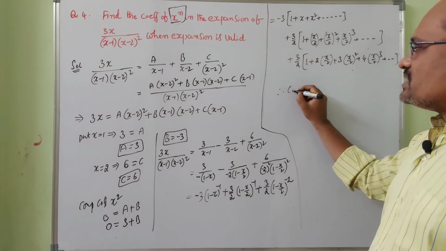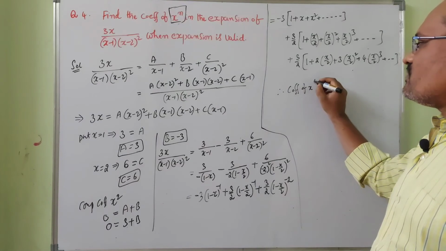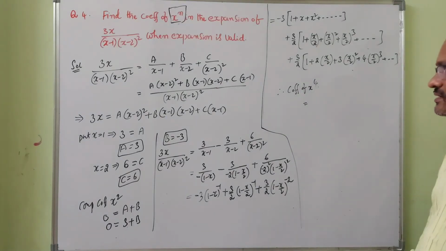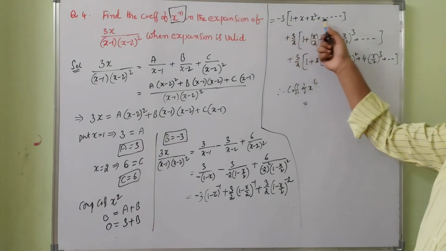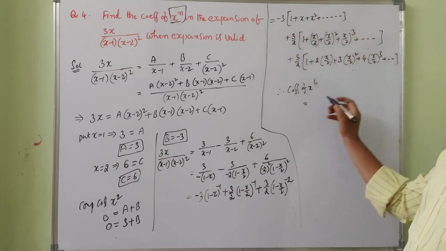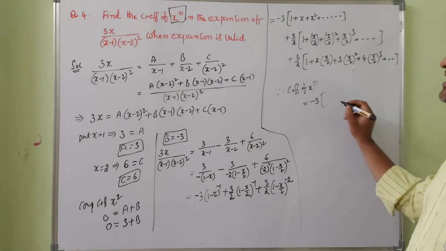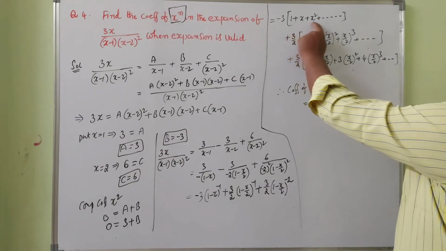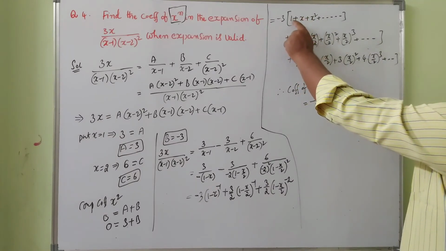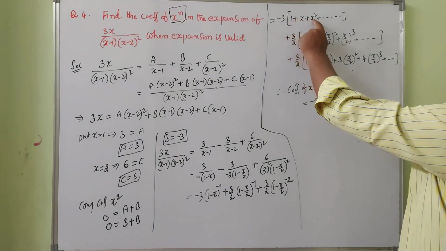Now we can write comfortably coefficient of x power n in the expansion. Here look, first series minus 3 comes for all the terms, so it comes for coefficient of x power n also. You look the series 1 means x power 0, x power 1, x power 2, like that.